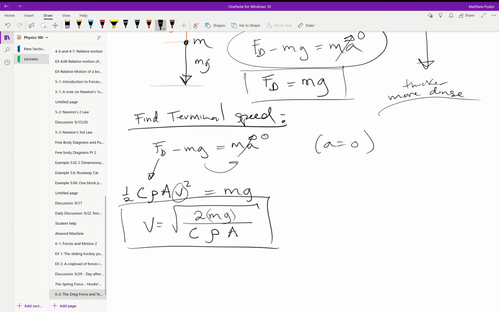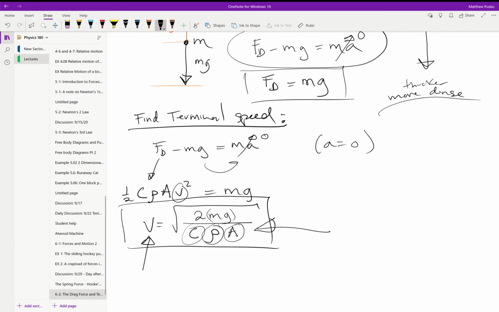So if you know these conditions right here and want to know how fast something can fall, then this is how we would do it. A problem may give you a terminal velocity and ask you what the coefficient is, or what the cross-sectional area is, or maybe what the density of air is in that specific area. They would have to give us everything but one of those, but we could still solve for it.